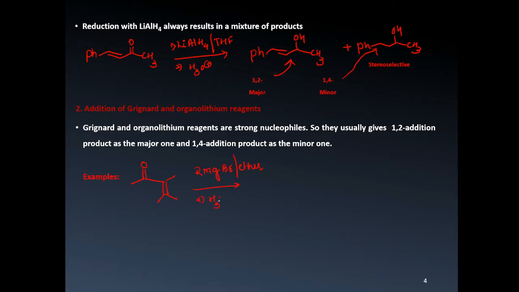Second one is water. So here 1,2 reduction is the major, 1,4 reduction is the minor one. This is 1,2 reduction. The carbonyl group will be reduced to alcohol, and this is the major one. 1,4 reduction is the minor one.